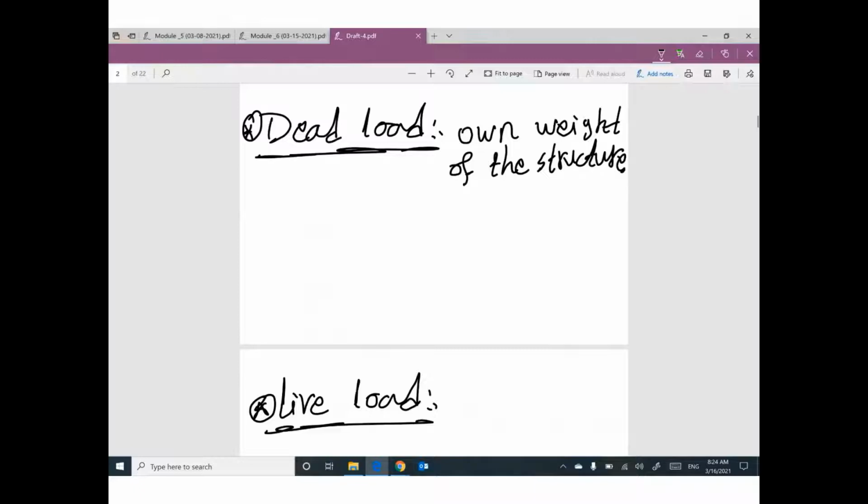So if you go to buy some tomato from Walmart, the tomato you are buying has a weight, 1 pound, 2 pound, 3 pound. So any structure, any element in this world has a weight. So the own weight of the structure can be called dead load.